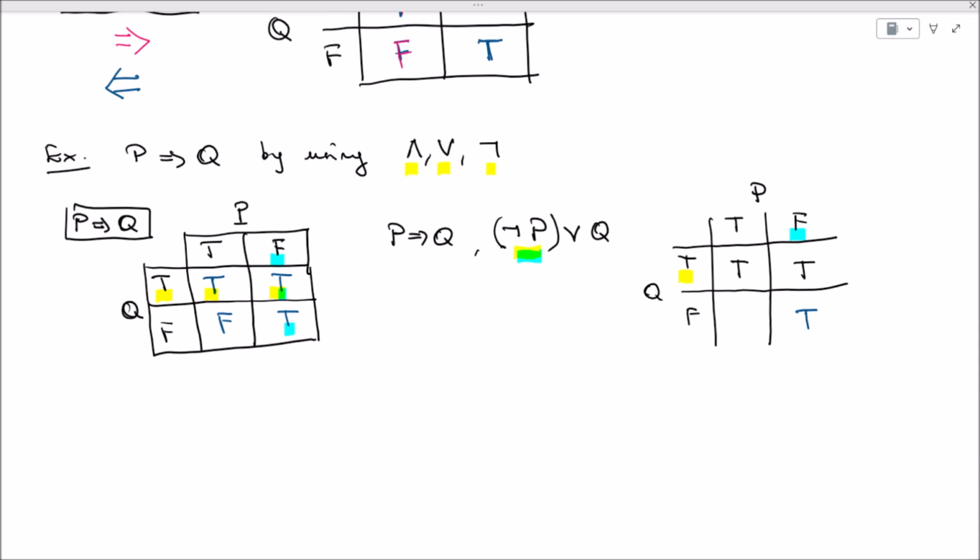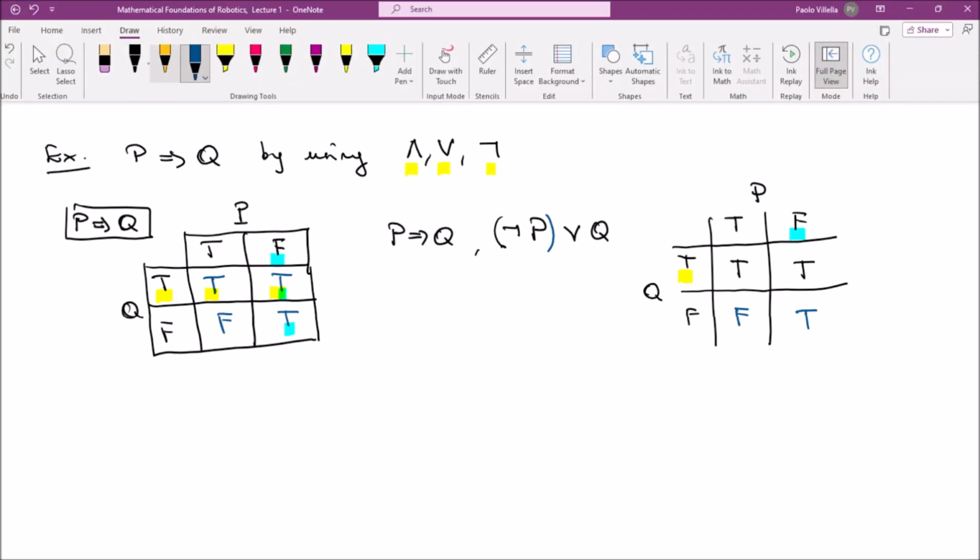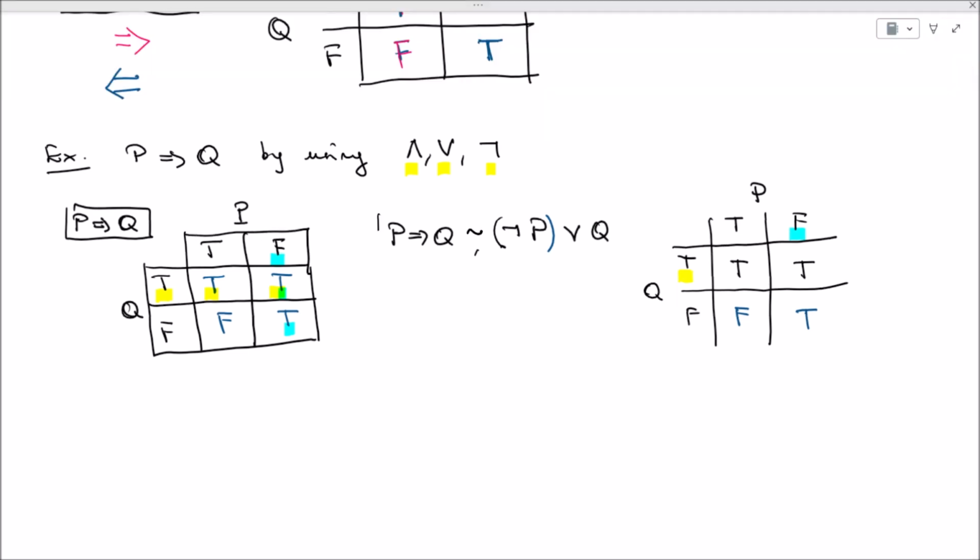Well, in that case, of course, we get a false because both Q and not P are going to be false. So we verify that we have obtained exactly the same truth table, which means that this is just a consistent way of representing the implication. So this implication is just like this.